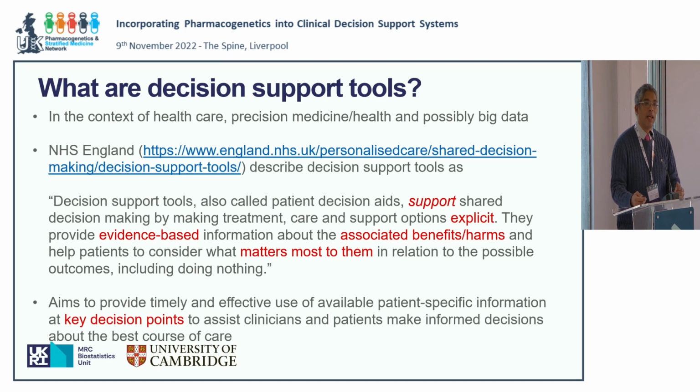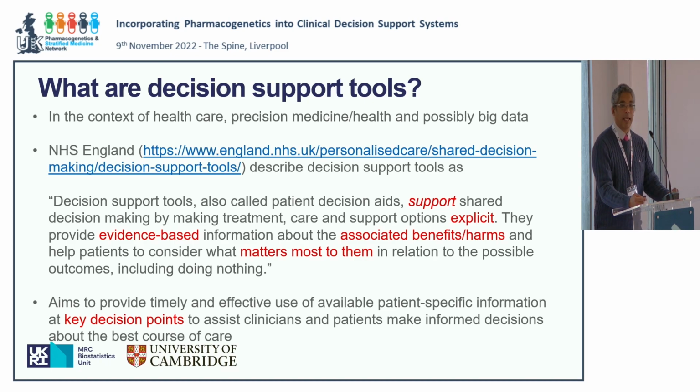In particular, whatever decision comes out, it has to be a discussion between the patient and the clinician. So preference may come into it as well. So a decision support tool really aims to provide timely and effective use of available patient-specific information at key decision points to assist the clinician and patients make informed decisions about the best course of care.